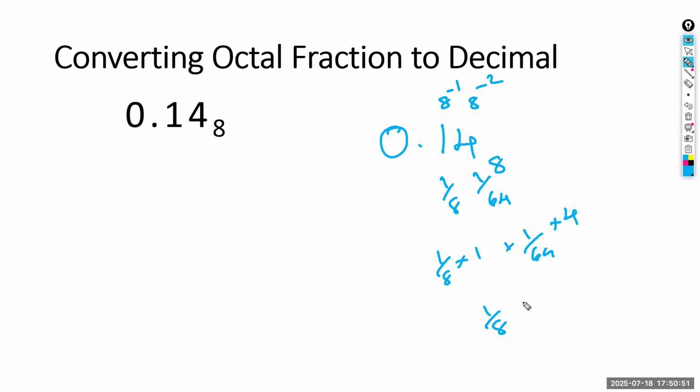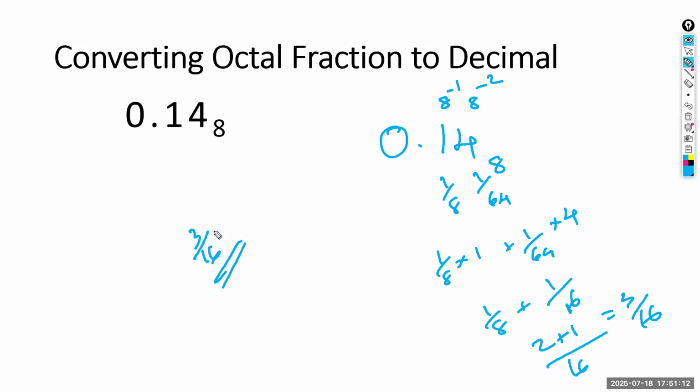That is 1 over 8 plus 1 over 16, which is 2 plus 1 over 16, that is 3 divided by 16. In exams, usually the answer will be something like this, or you divide 3 by 16 and write it out, maybe if it is MCQ.